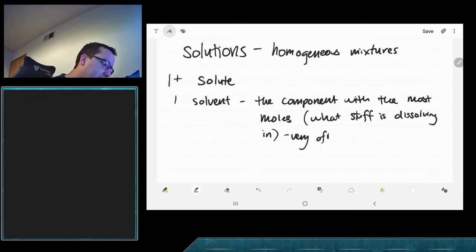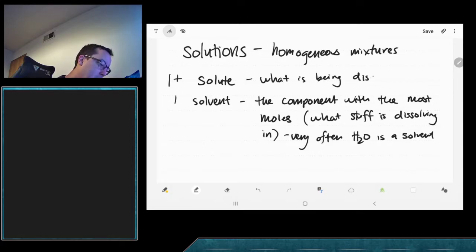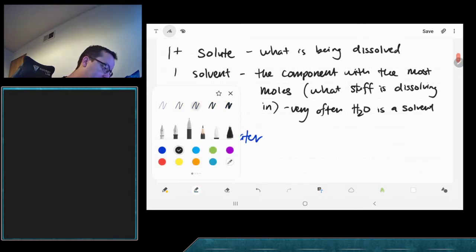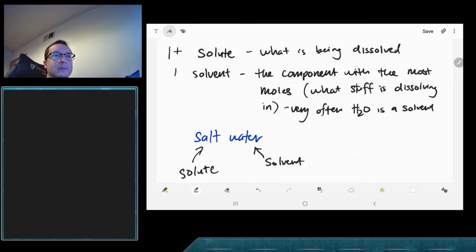So very often the water is a solvent. So it's the stuff that you are dissolving stuff into. So solutes, on the other hand, are what is being dissolved. So if we were to think of salt water, we have here a solute and a solvent. So just some terminology there.